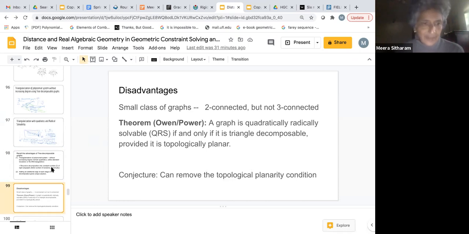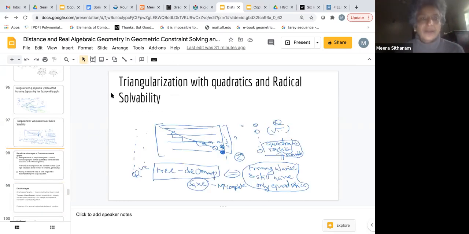So basically, hang on, I think I should open a new slide. Actually, I want a new share. I just want to show you some very simple examples of graphs that are not 3D composable.